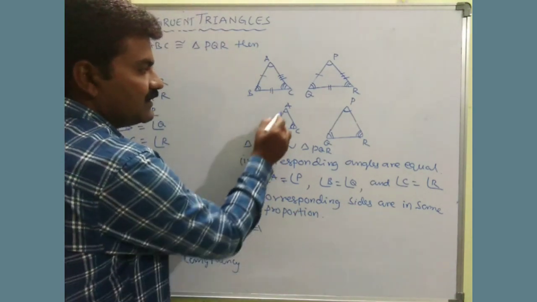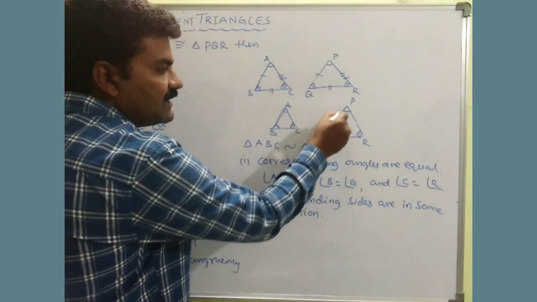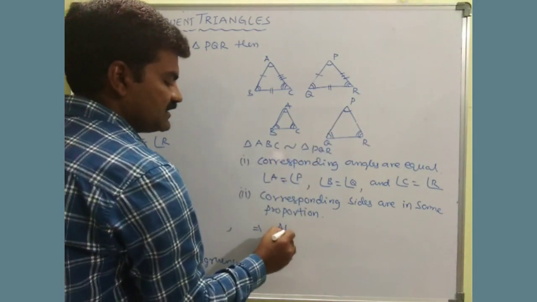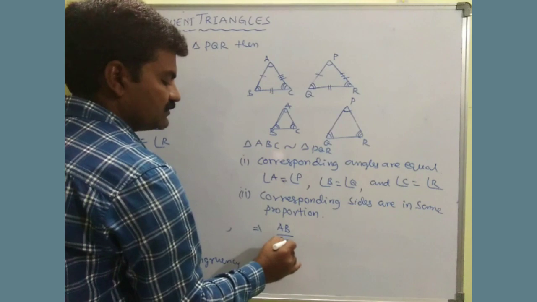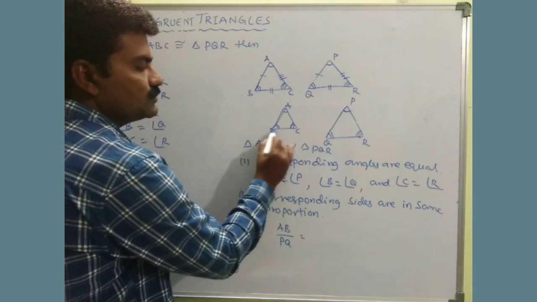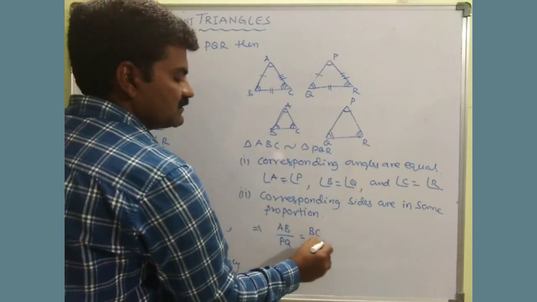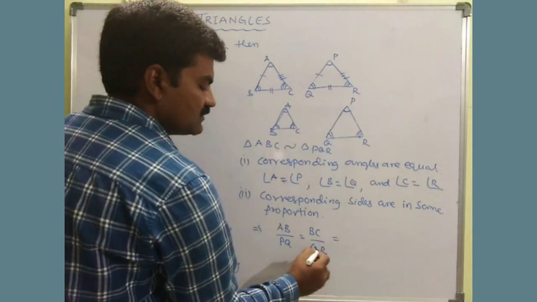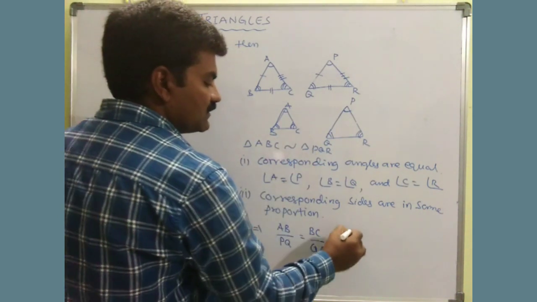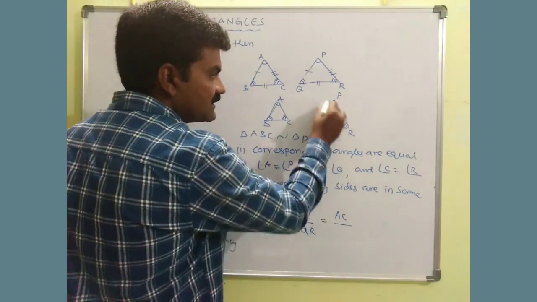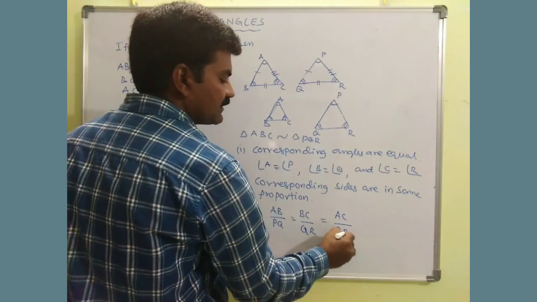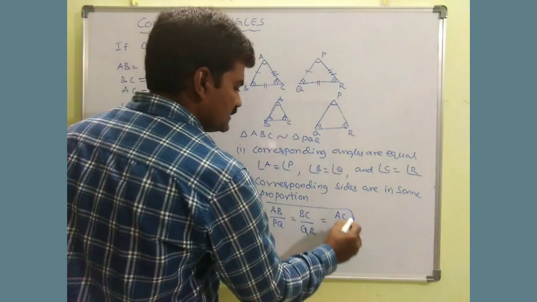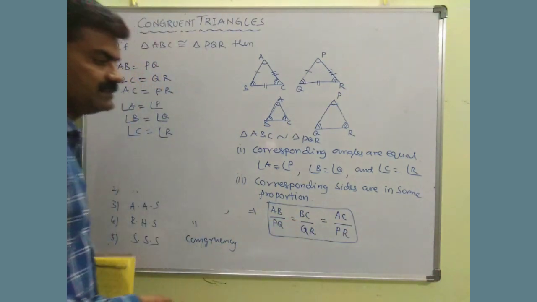That means AB, corresponding side PQ. Hence this ratio AB by PQ will be equal to BC and its corresponding side QR, which is equal to AC and its corresponding side PR. Understood? So this point is very, very important.